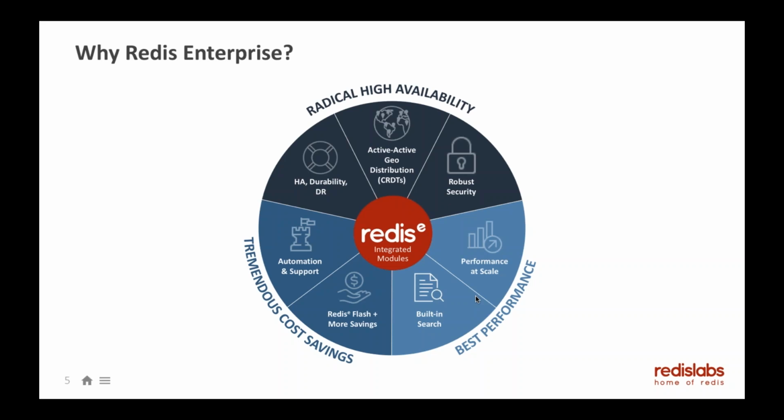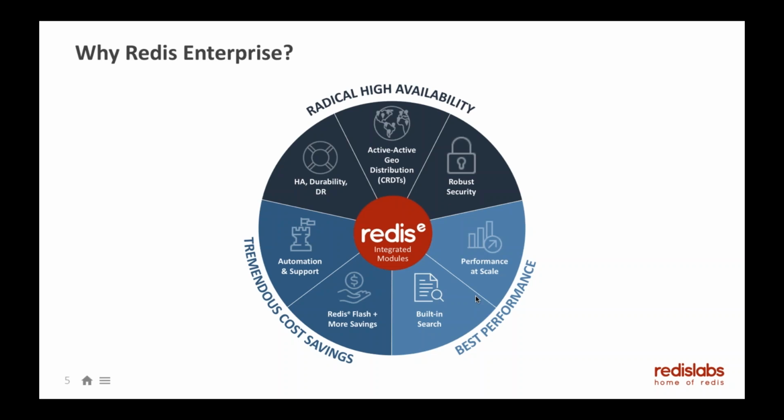Redis Enterprise also provides great cost savings. Some of this comes from the enhanced memory architecture that we've developed, which can not only use RAM, but can use local flash drives, SSDs, on your machines as an extension to RAM. This technique allows us to store much larger sets of data in Redis for a smaller infrastructure cost.